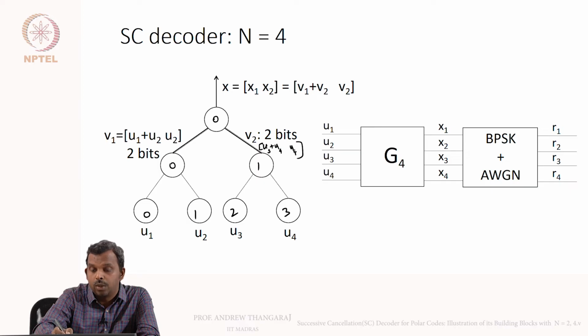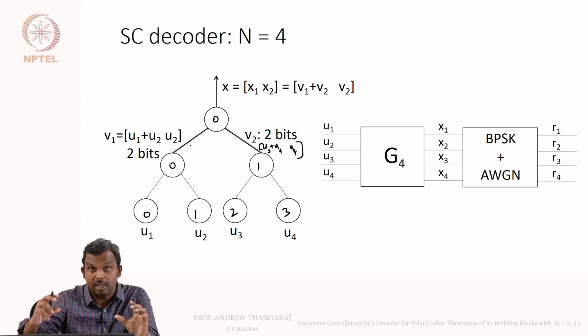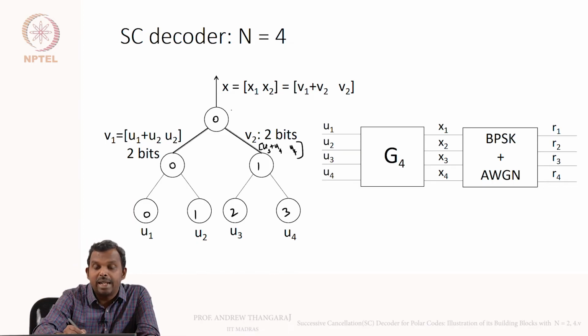Notice these are vectors of 2 bits each. These are combined again to find the code word x. x1, x2 is v1 plus v2, v2. You can write it back in terms of u, but v1 plus v2, v2 is pretty nice. It is 2 bits, 2 bits, so it becomes 4 bits overall.